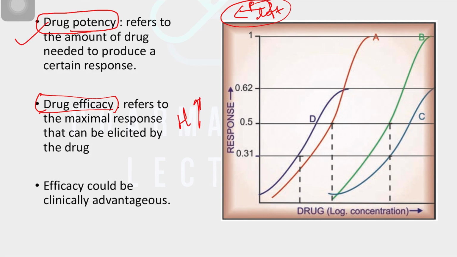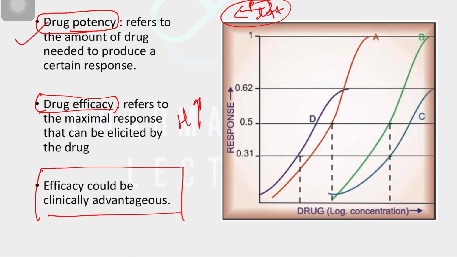If the dose response curve is more on the left side, the drug is more potent. What is the more important out of these two, drug potency or efficacy? So clinically, efficacy is the thing that we need to keep in mind while choosing different drugs.